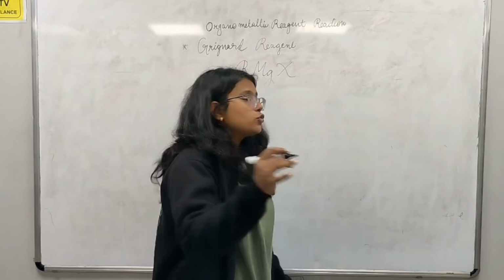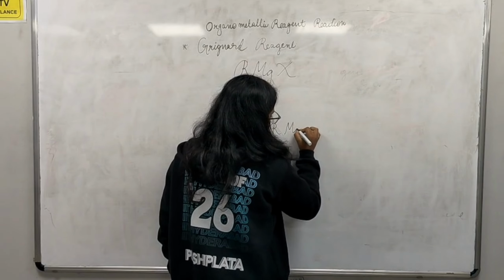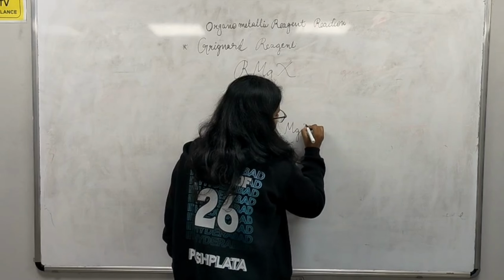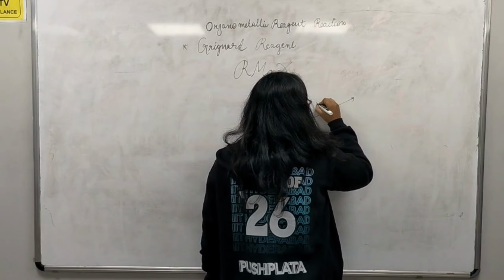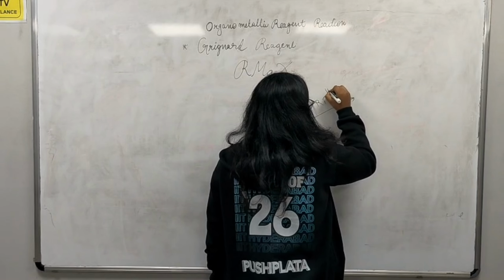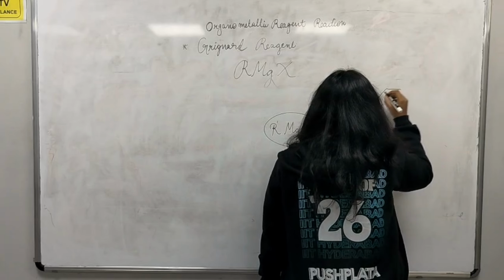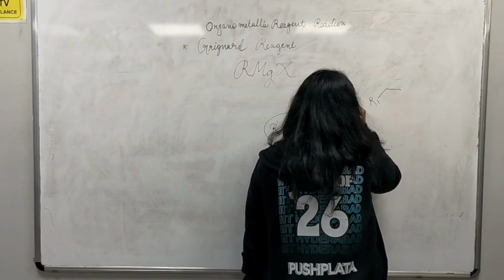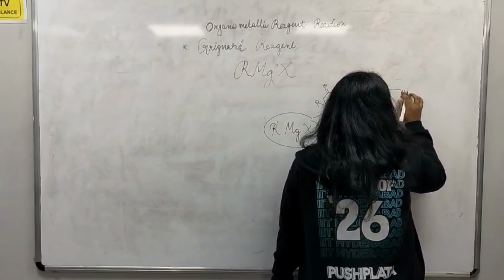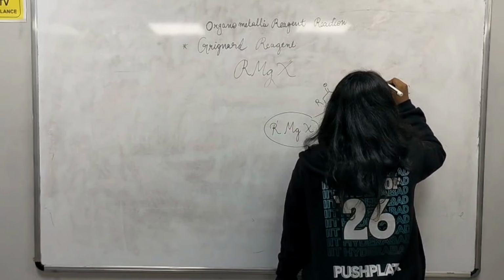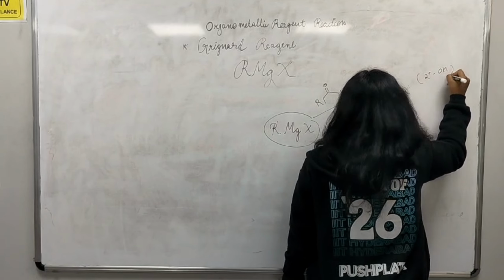Now to summarize the reaction part, this is our reagent. When reacted with aldehyde, including water also, it gives 2-degree alcohol.